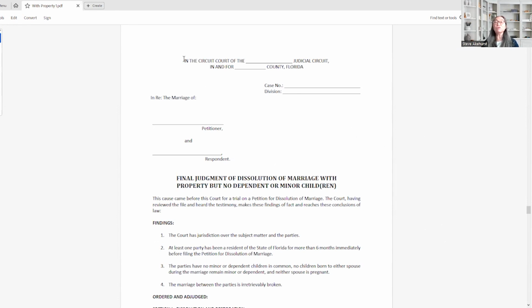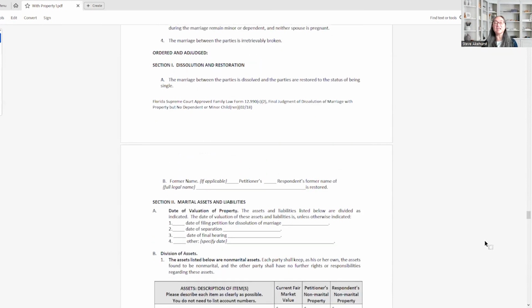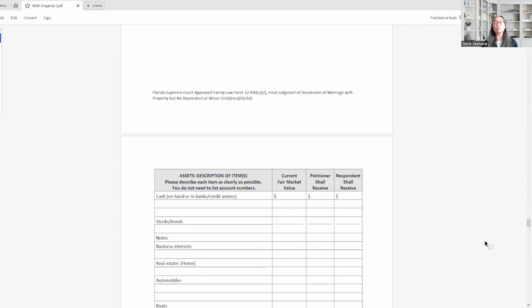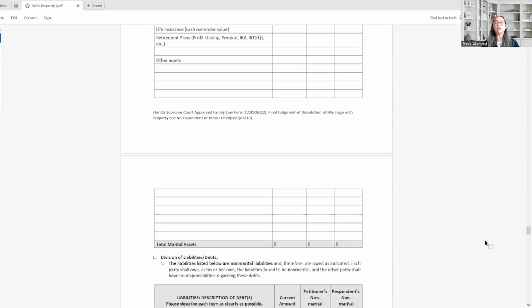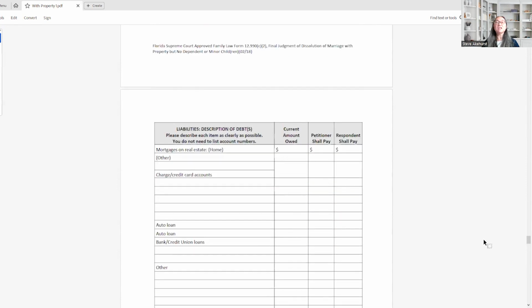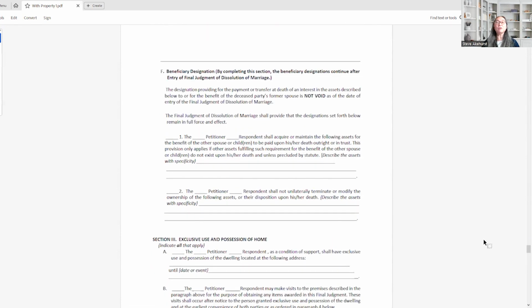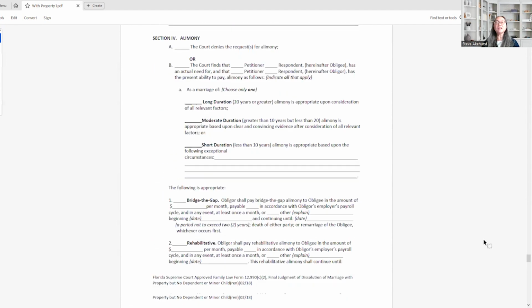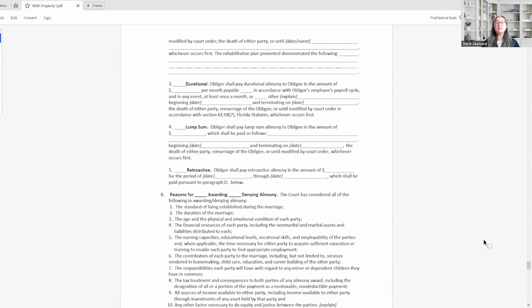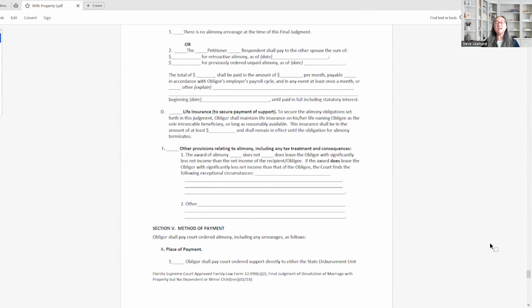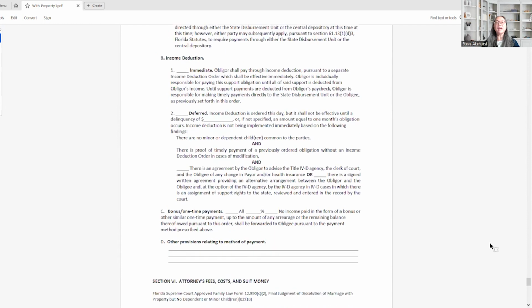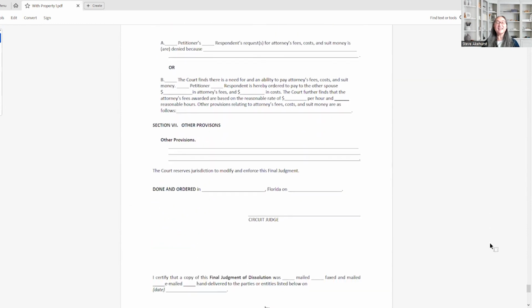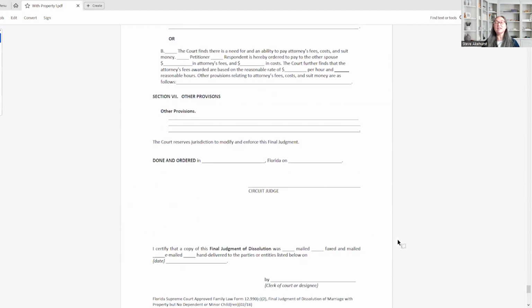So all you have to do is fill out the top and leave everything else blank. The court will fill out every other section. You see, the court will be the one that divides everything, who gets what, how much, and then if there's going to be alimony, etc. And then in the end, how it's going to be paid. See, there's a lot of things, and the court will sign the end.